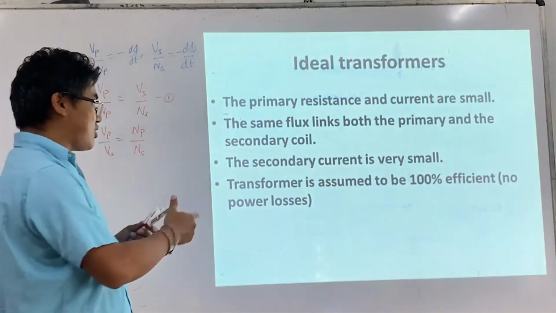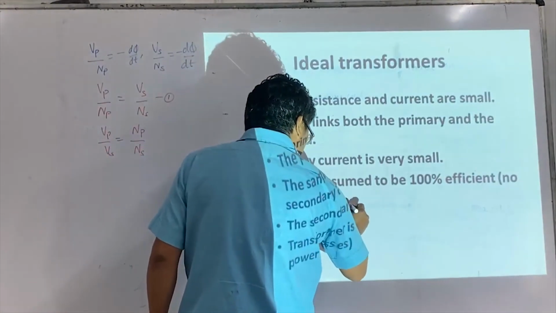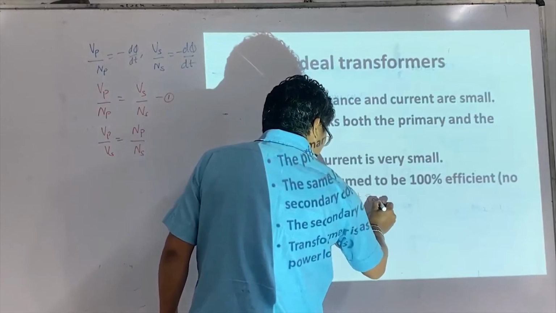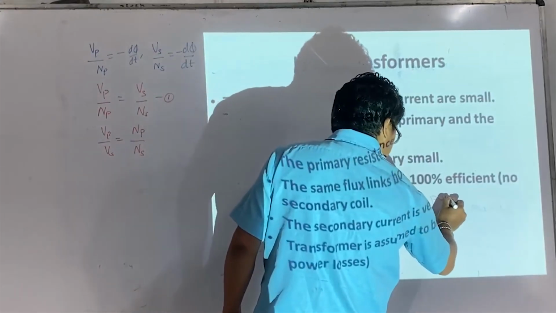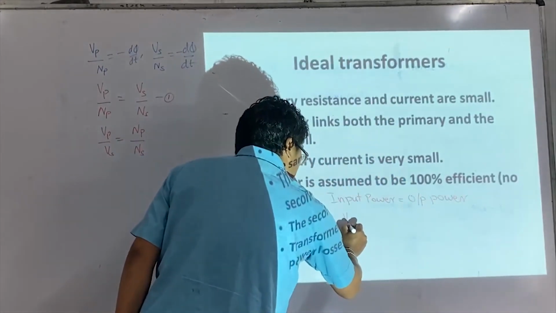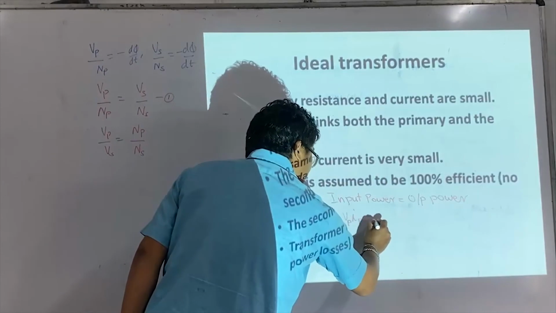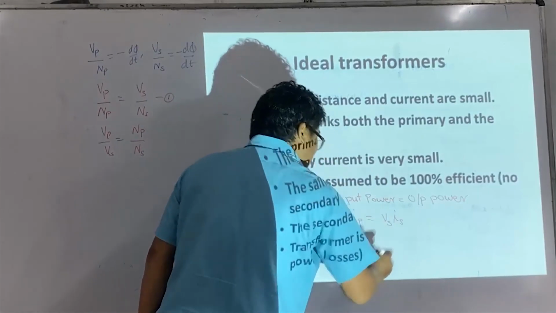Under these conditions, input power is equal to output power. So what is that input power? VpIp is equal to VsIs. This is what we have.